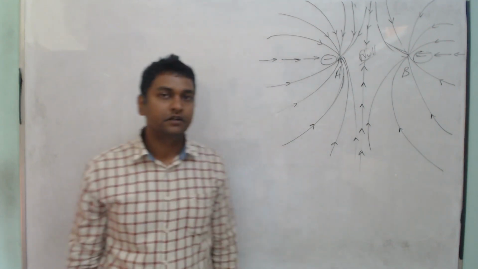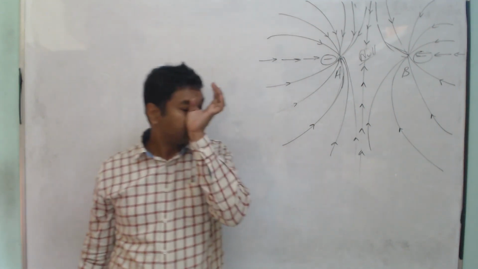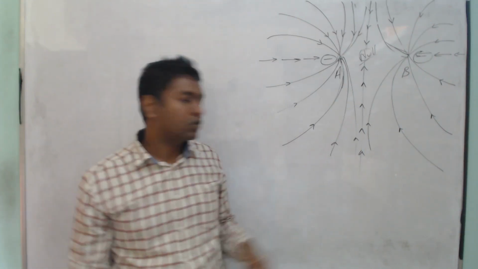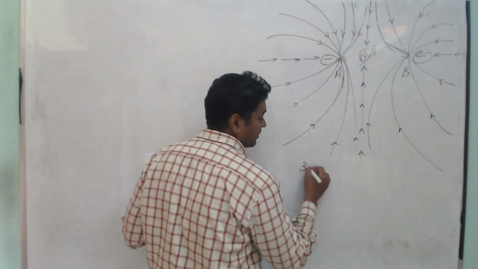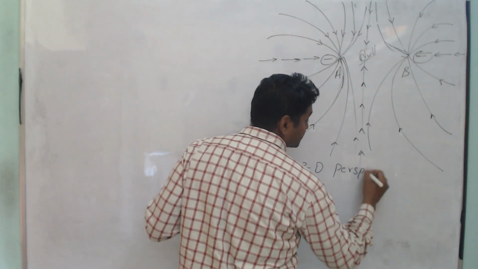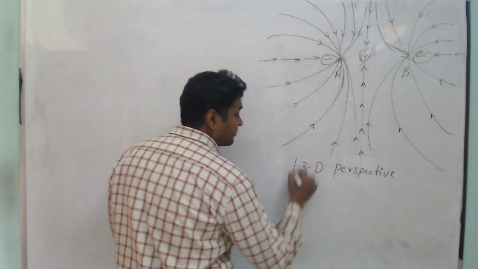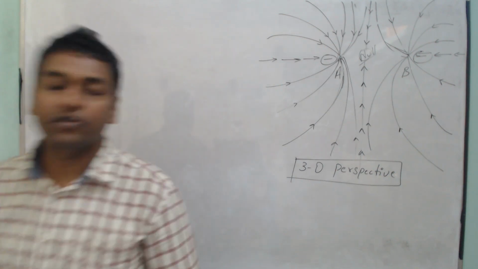Here, I want you to take a look not at a 2D perspective, but understand the 3D perspective, which also applies for the previous one, two positive charges. But I did not want to confuse you.